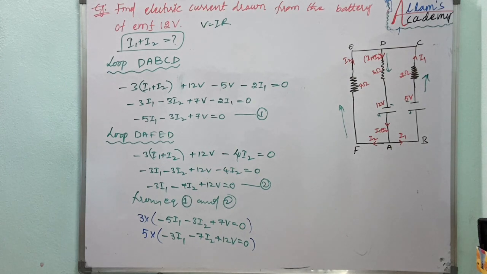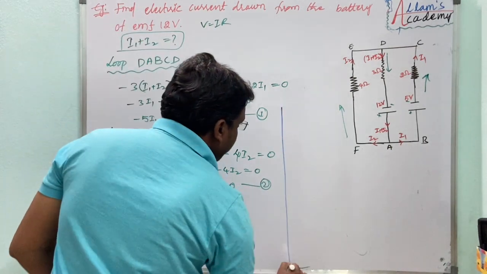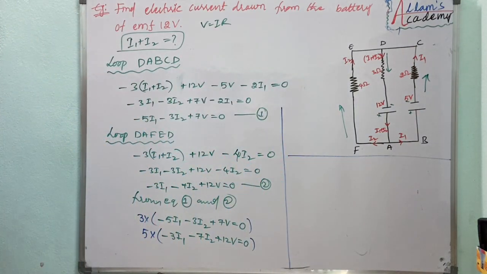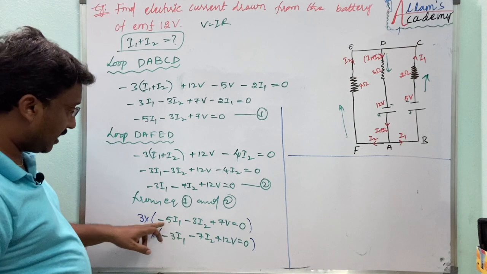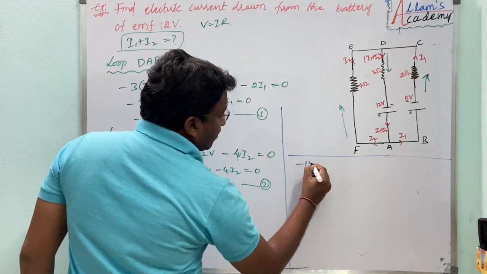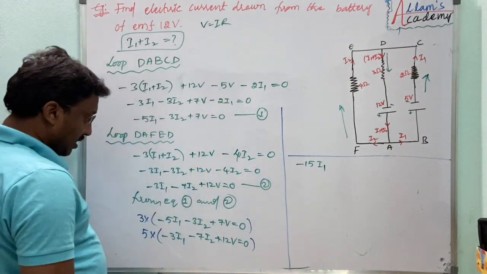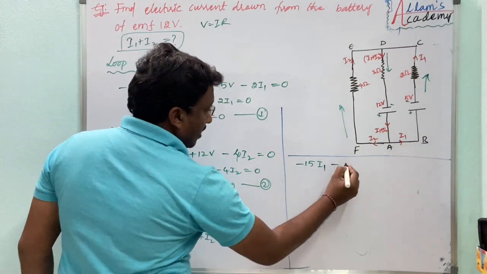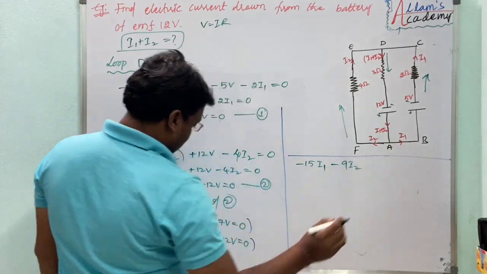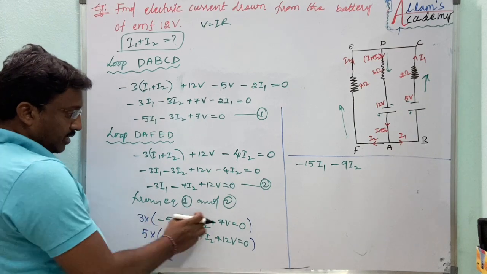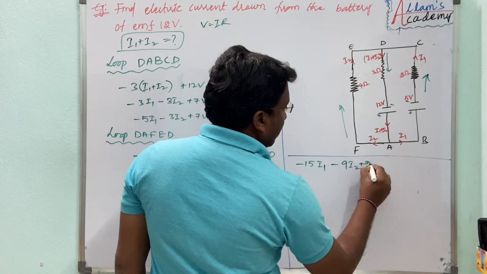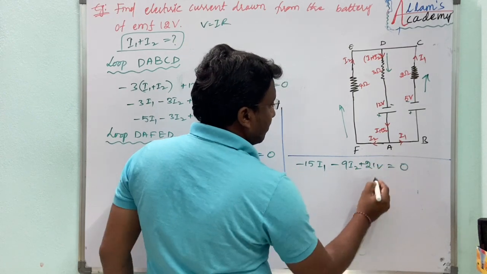Then we will get, 3 into 5, 15, so it becomes minus 15 I1, and minus 3 threes are 9 I2, and 3 sevens are 21, so plus 21 V equal to 0.